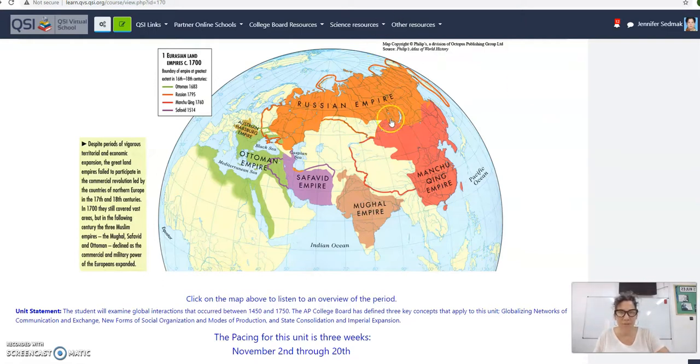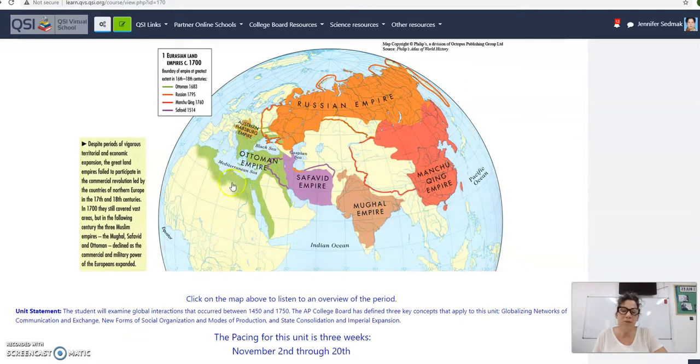They included Russia, which expanded after the Mongols were defeated and the Romanov family came to power. They ruled Russia for a long period of time, and throughout their rule, Russia expanded in terms of its territorial capacity.